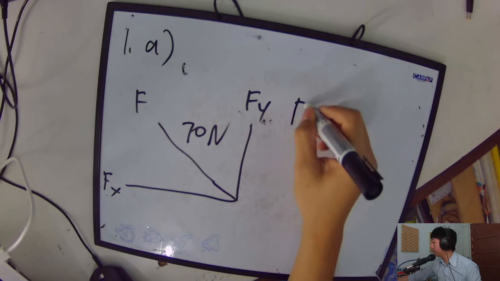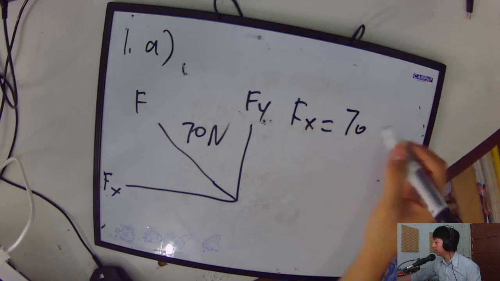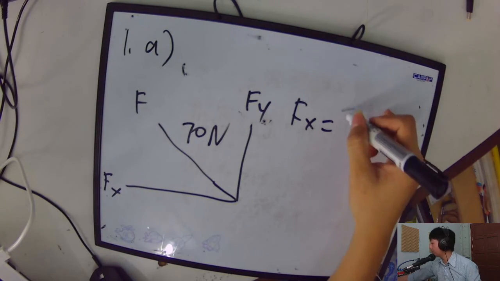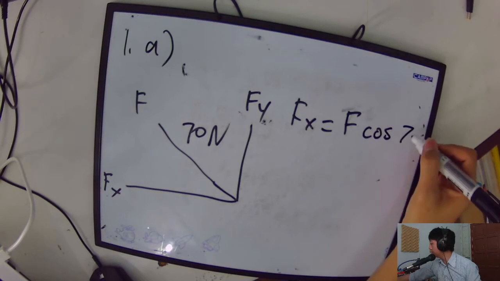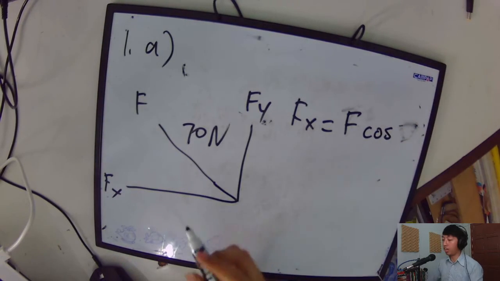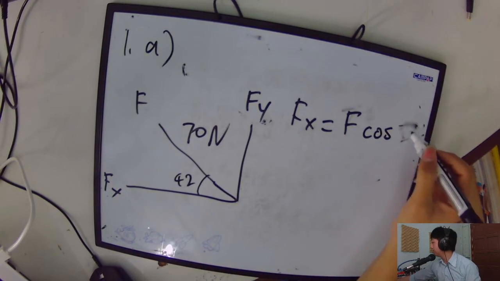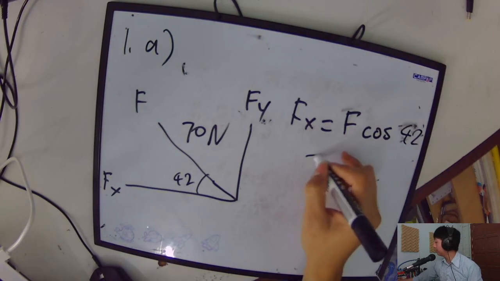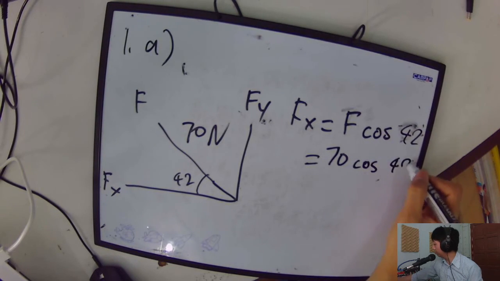Okay, so Fx equals 70. Let me just write out the full formula. So F cos 70. Sorry, I forgot to write down the angle. The angle is 42. So 70 cos 42.